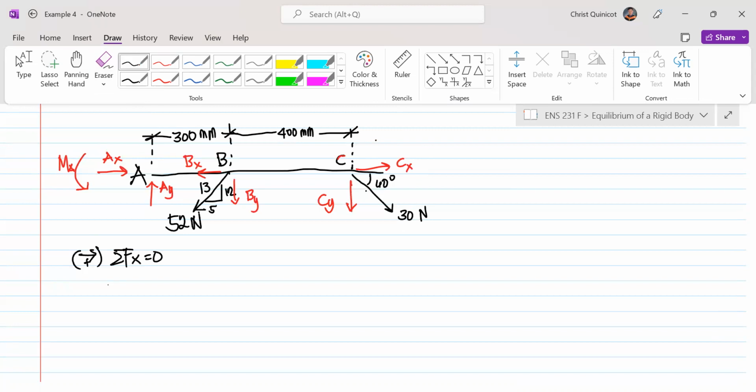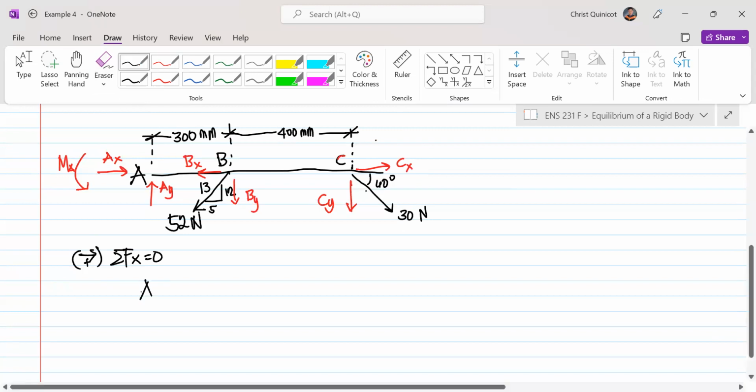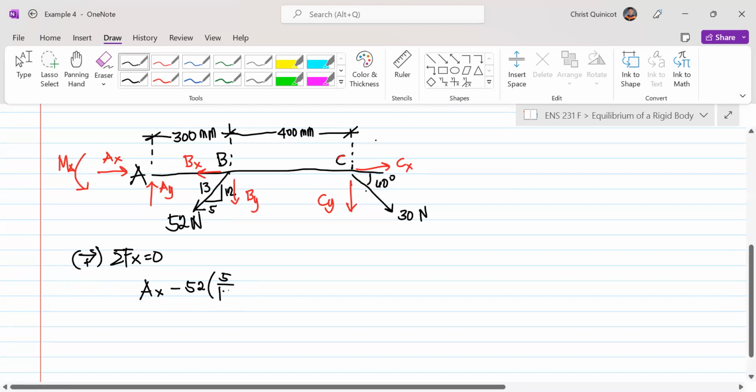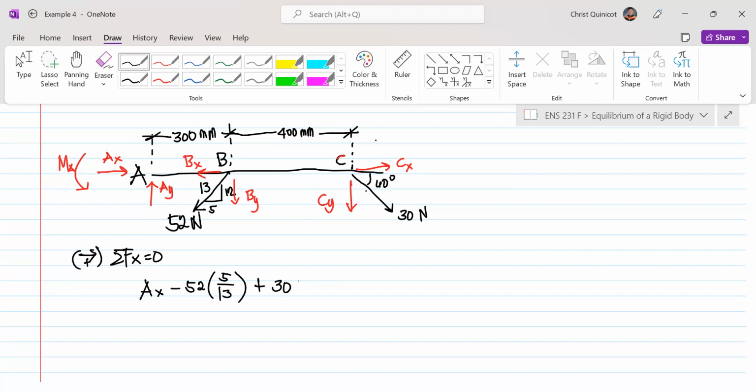So we have A sub x minus 52 times 5 over 13 plus 30 cosine 60 degrees is equal to 0.